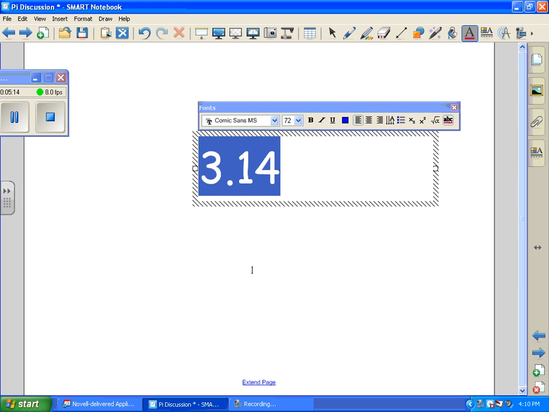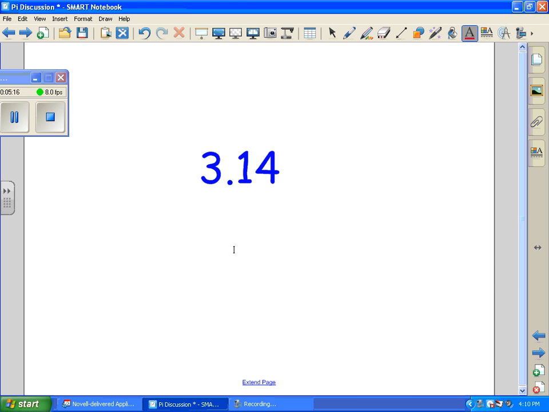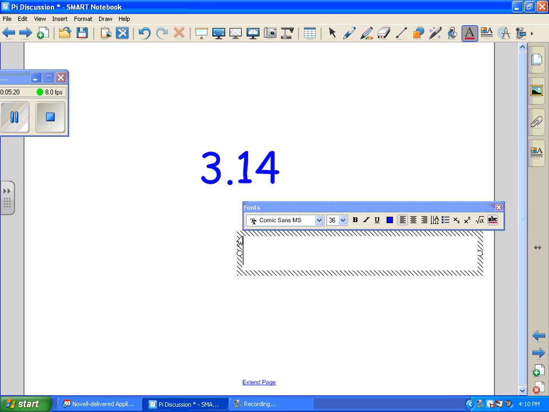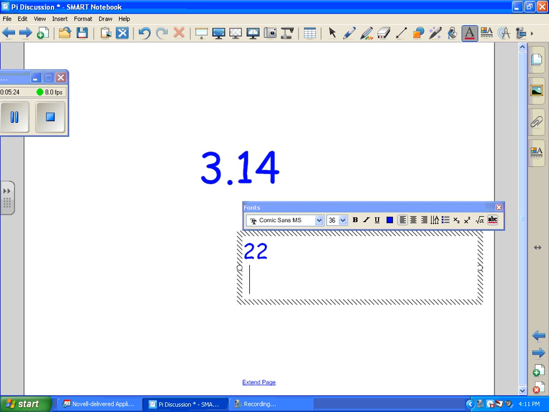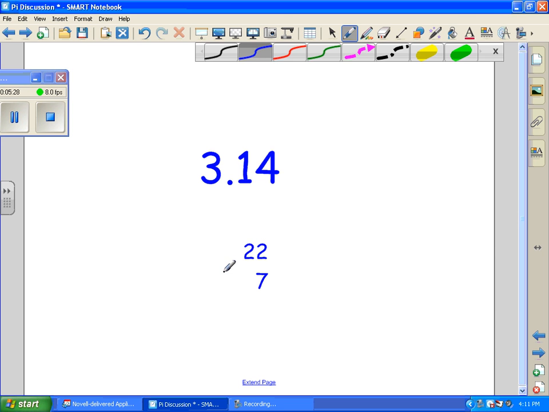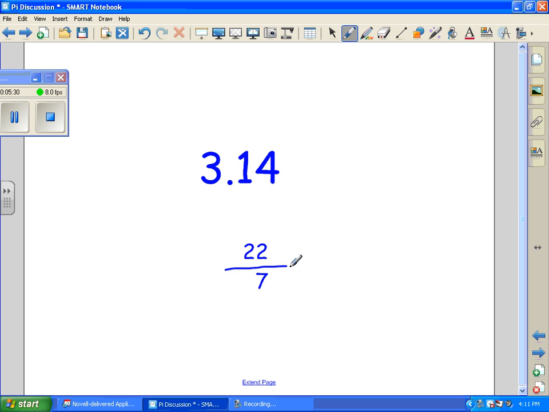As sixth graders, you should also be able to recognize pi as a fraction, and pi as a fraction is represented as 22 over 7. Sometimes it's just easier to have a fraction that we can deal with instead of always having to deal with a decimal and changing things into decimals.